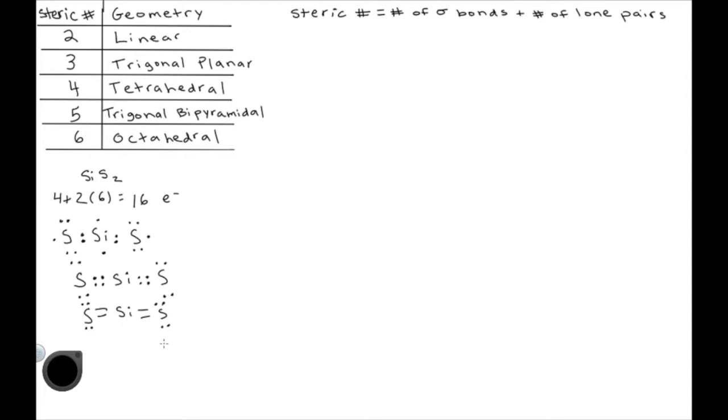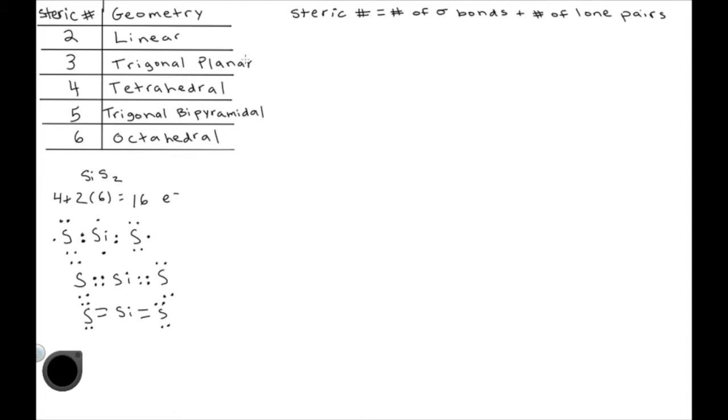Also, for more accuracy, since we know that the steric number of each sulfur is 3, right? Because we know that the steric number is the number of sigma bonds plus the number of lone pairs, each sulfur will have a trigonal planar geometry, right? Trigonal planar geometry. So the electron pair arrangement will be one in which each electron pair will have 120 degrees of separation between them in order to maximize the distances between them.